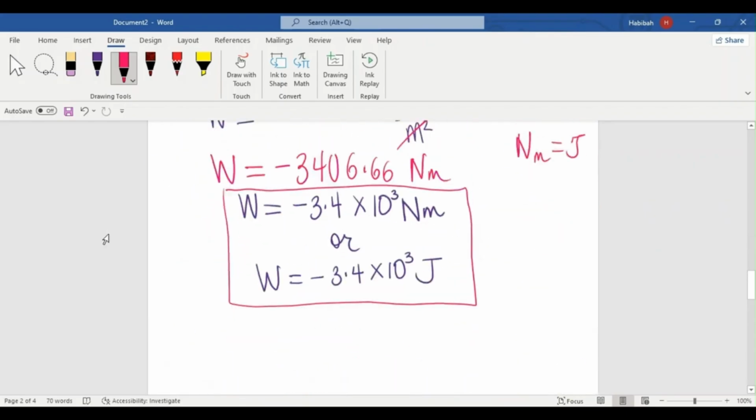So this negative is showing us that there was energy lost by the system because they did the expansion process, and the value of the energy loss is 3.4 times 10 to the power 3. That's why we have to denote it with negative to show energy loss. If it's energy gain, it's going to be positive. But in this case, the work is done by the system in the expansion process. Hence, we have energy loss, which is why we have a negative value.